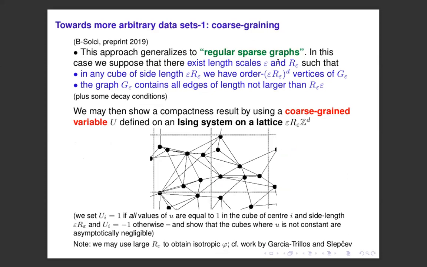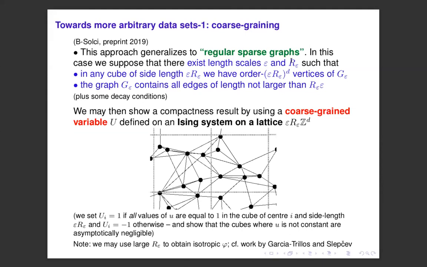Now, I've not been very precise in this slide, but somehow you can have a disordered set. And as long as you have some scales, epsilon and R epsilon, where epsilon is the average distance between points, say, so that you have some distance that goes to 0, scaled to something converging on a continuum.